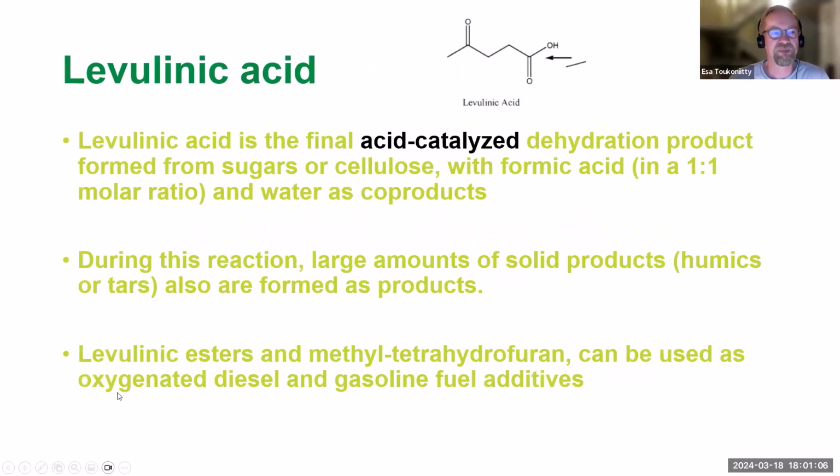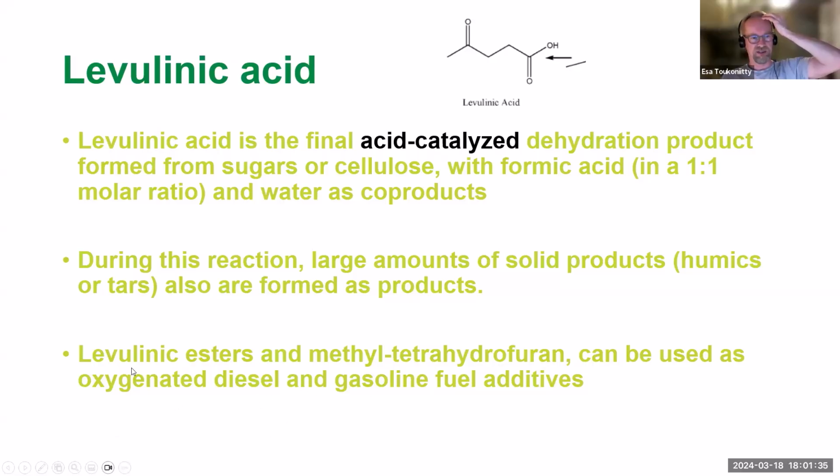But just a reminder, if the acid hydrolysis goes too far, you end up with levulinic acid. I think this was mentioned already earlier. So this is an example of that unwanted side product.